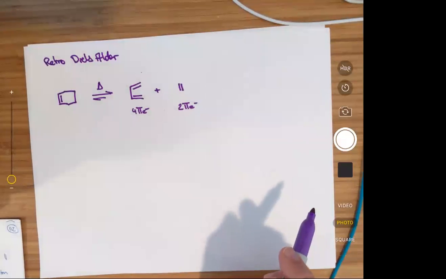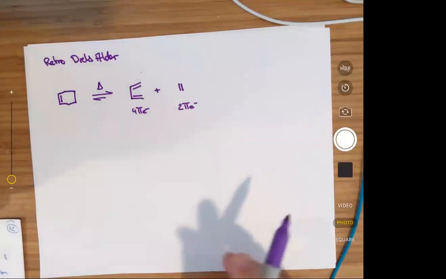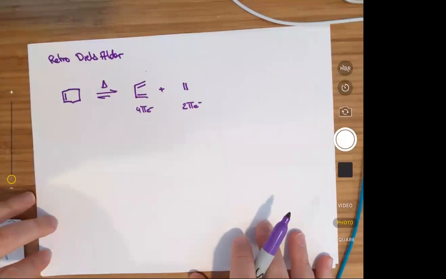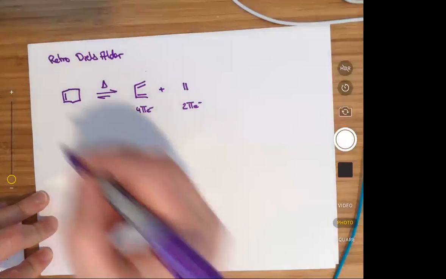Now, these reactions do not always have to have 2 independent molecular pi systems that come together in the reaction. But of course, you can imagine systems where this reaction proceeds in an intramolecular process.